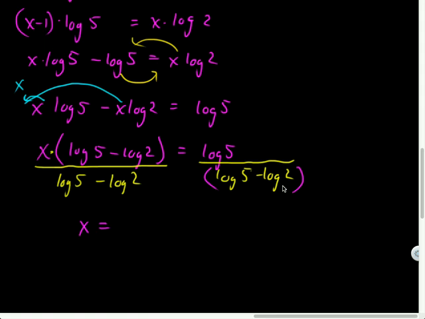Log 5, close parentheses, minus log 2, double close parentheses, because this will have its own, and that will have its own. So plugging it in a calculator is a little bit tricky. But I end up hitting enter, and I get 1.756.